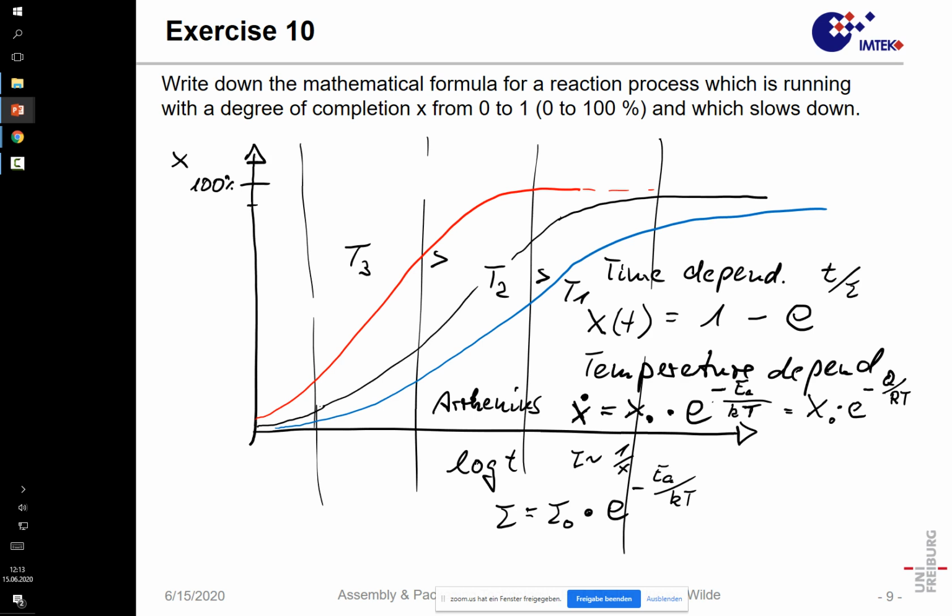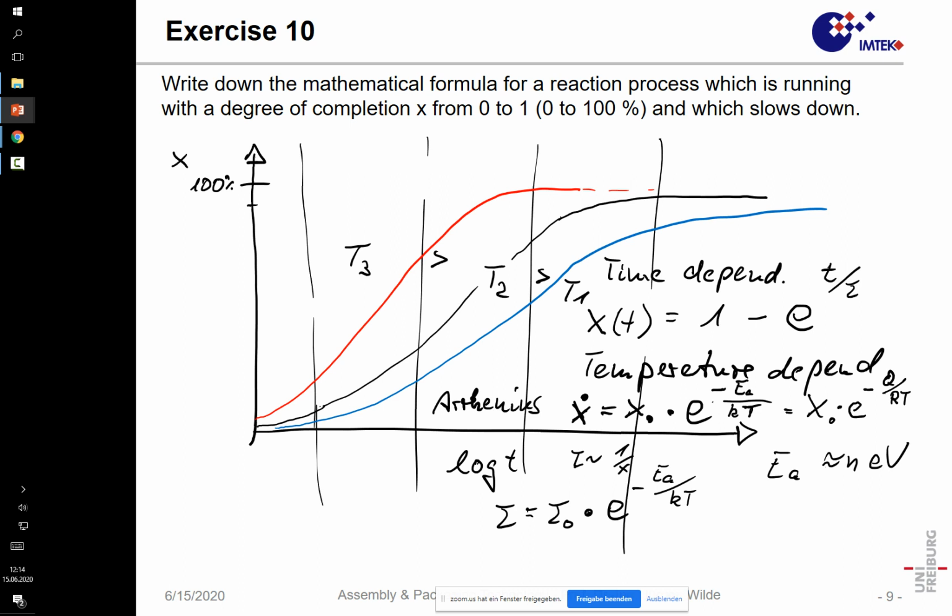Typically, activation energies are in the order of magnitude of electron volts, so a few electron volts. The Boltzmann constant you will find at Wikipedia or elsewhere.